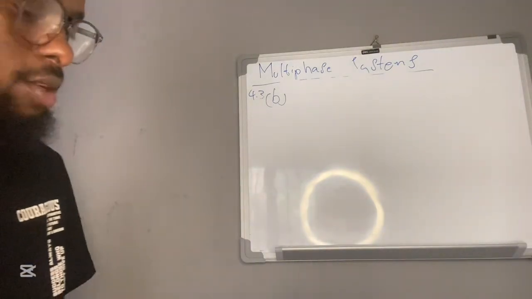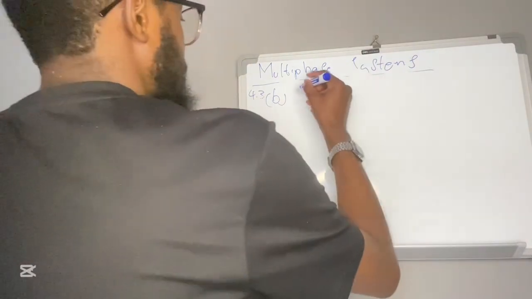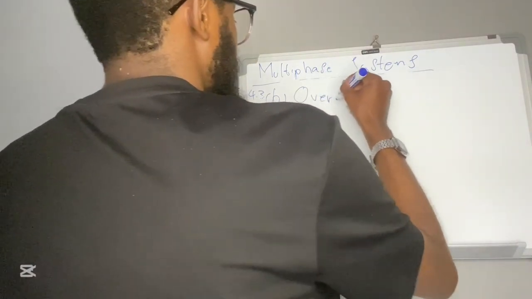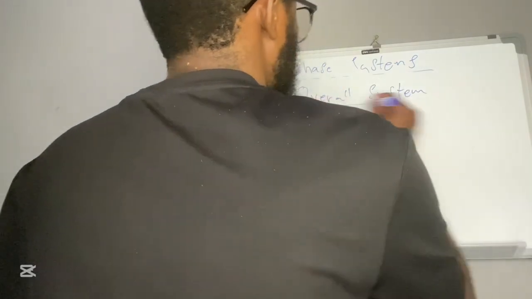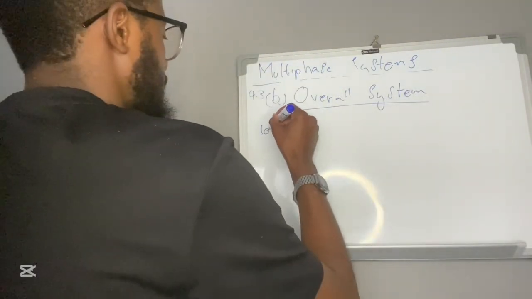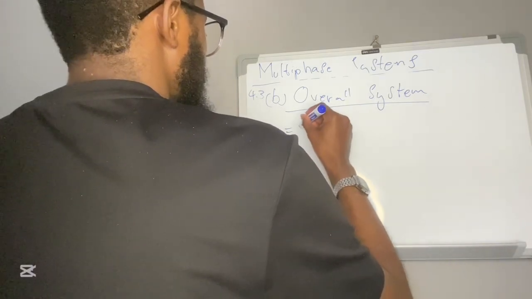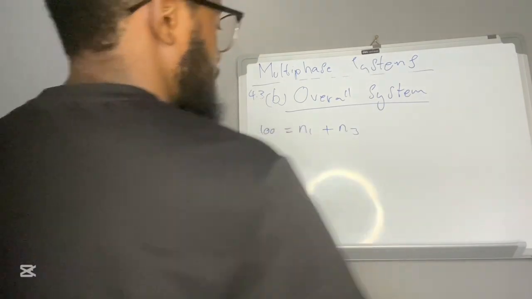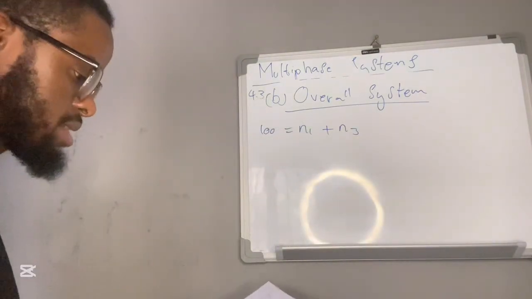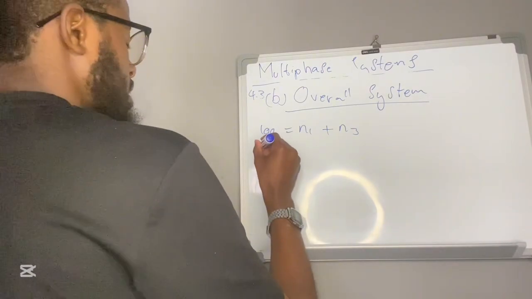So we're gonna start with the overall system again. In the overall system we have 100 mole, N1 plus N3. So this is the overall, right?